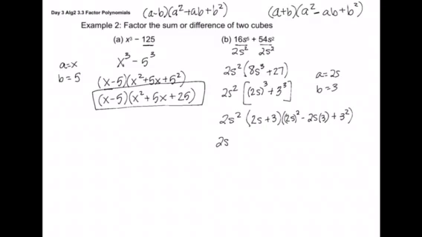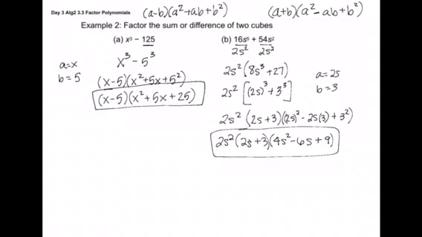So when you expand this out, you get 4s squared minus 6s plus 9. And you just factored the sum of two perfect cubes.